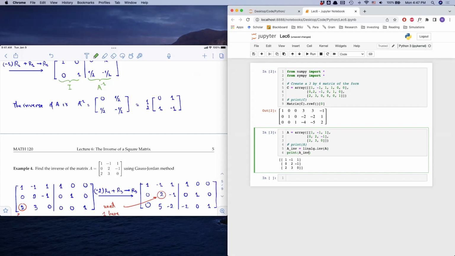So A inverse, hit Shift Enter, and this is the inverse that we're going to have without the augmented matrix.